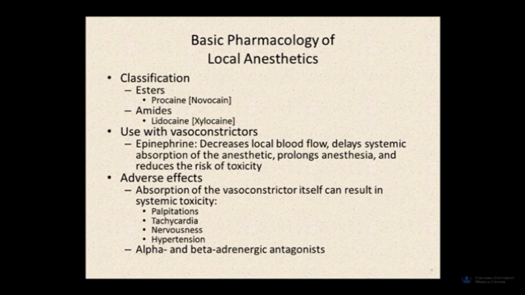The purpose of the vasoconstrictor is to prevent distribution of this local anesthetic to the surrounding tissue, because by maintaining a high local concentration, it allows that drug to act for longer.